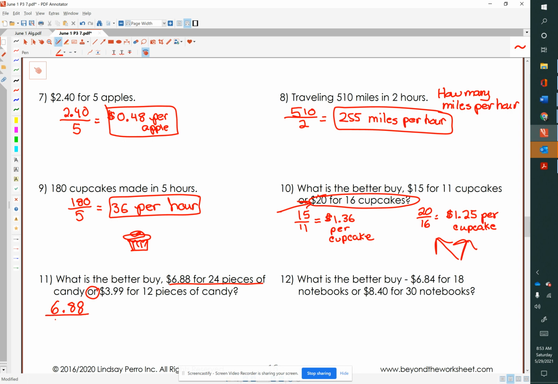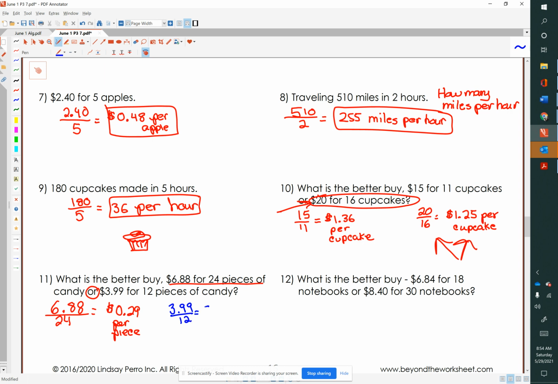So $6.88 for 24 pieces of candy equals 29 cents per piece. And let's choose blue, royal blue, for the other candy. So we have $3.99 for 12 pieces.